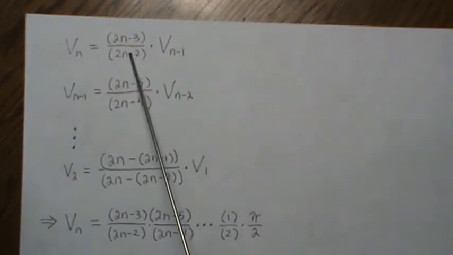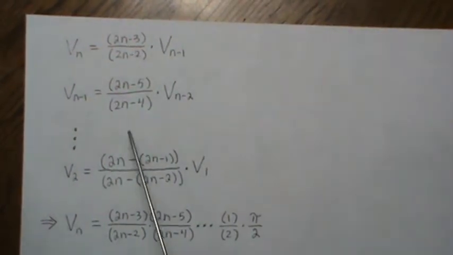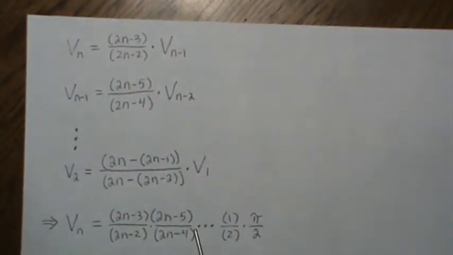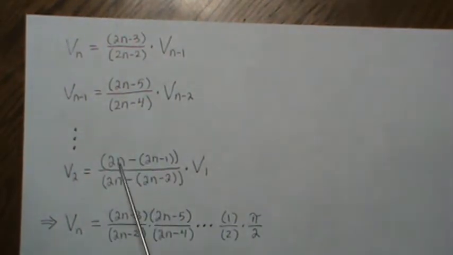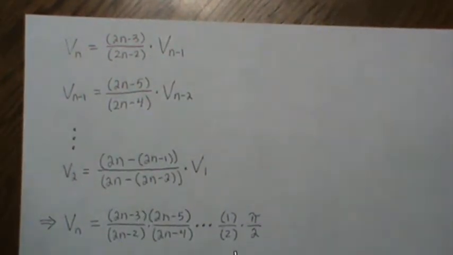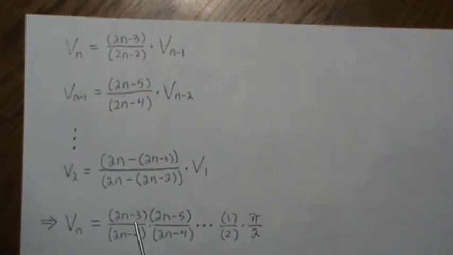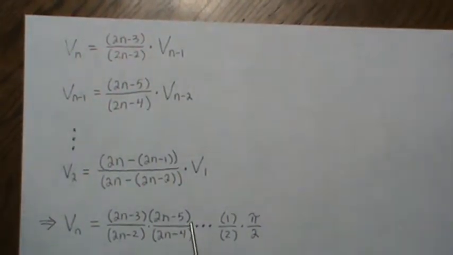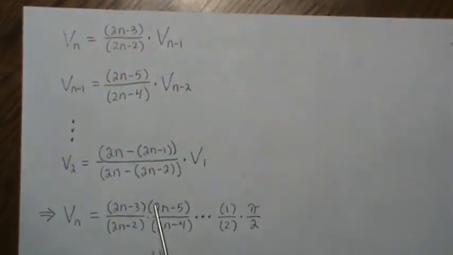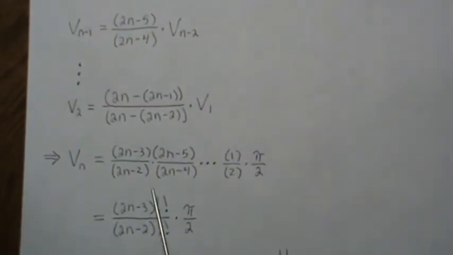So this first fraction, the second fraction, times, and then this here is 1 divided by 2, and then V1 is pi over 2. Now notice here, it's 2n minus 3, and then we subtract 2, and then we subtract 4, and that's called a double factorial.